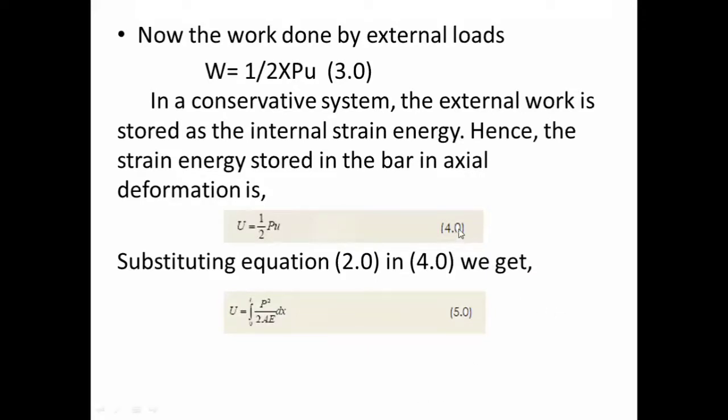Whatever equation we obtained in equation number 2, we substitute in equation 4, and we get the total strain energy in terms of the external load: P square divided by 2AE dx. Once we get this, we are able to analyze the given beam, frame and truss.